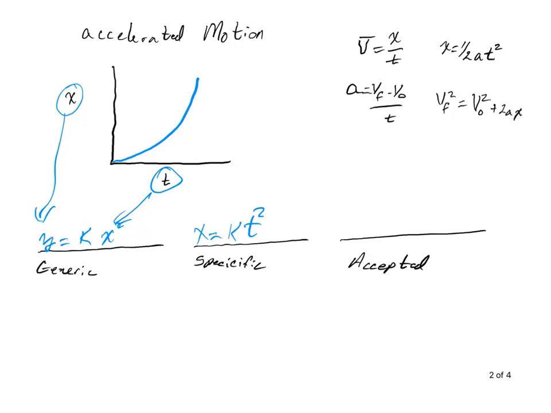Then for the accepted equations, we go up here and look at our equations that describe motion, and we've got this one that's actually already solved for x right here, and it is x is equal to 1/2 times a times t squared. And so again, it shows us the significance of this constant is that constant is equal to 1/2 of the acceleration. So if you know what the acceleration is, 1/2 of that quantity times t squared will tell you the distance traveled.